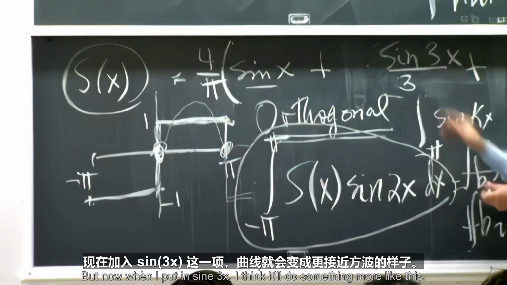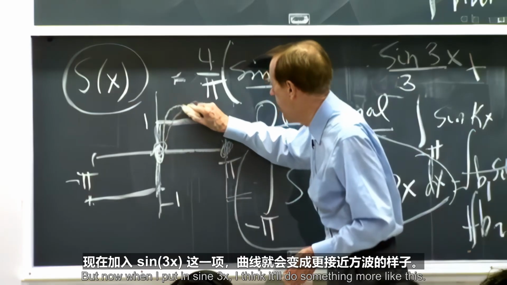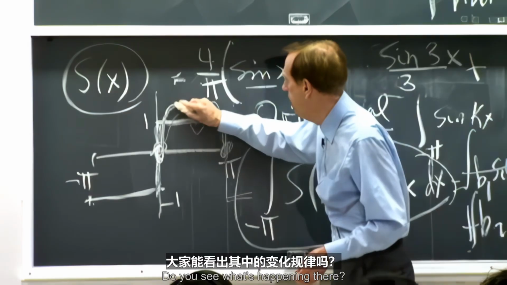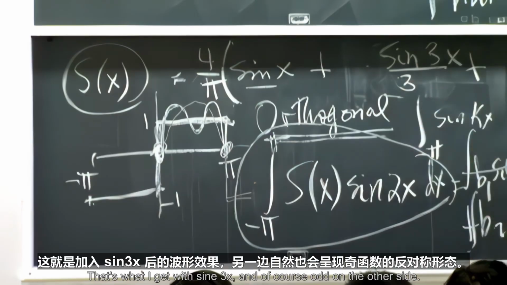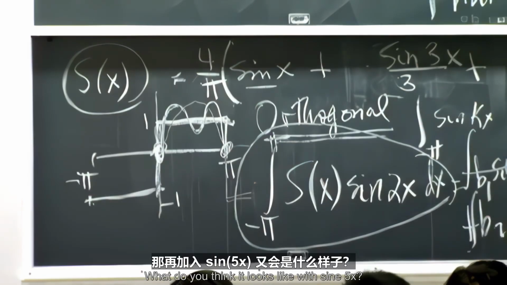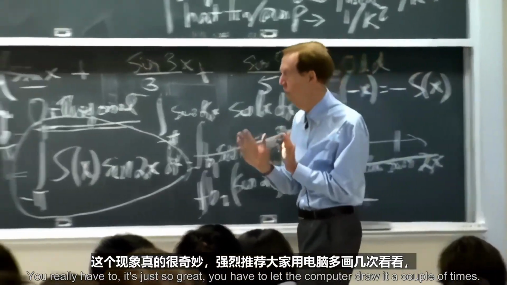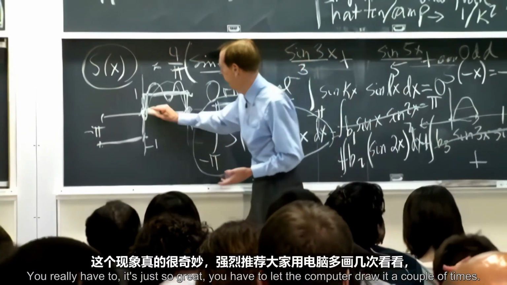But now when I put in sine 3x, I think it'll do something more like this. Do you see what's happening there? That's what I get with sine 3x, and of course odd on the other side. What do you think it looks like with sine 5x? It's just so great, you have to let the computer draw it a couple of times.